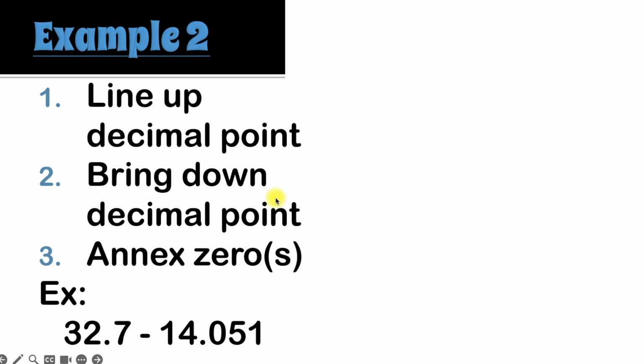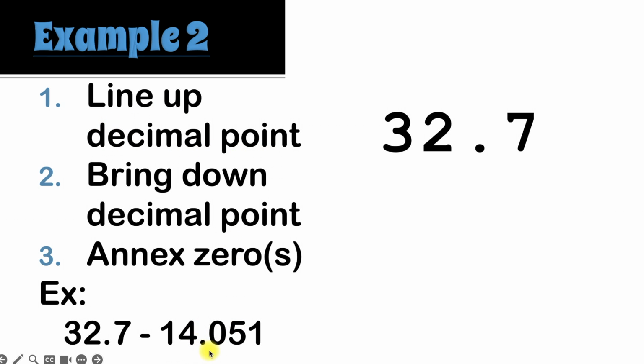So here's example 2. Let's start by writing 32.7. And next, underneath it, we're going to write 14.051. But we need to make sure that we're lining up the decimal point.